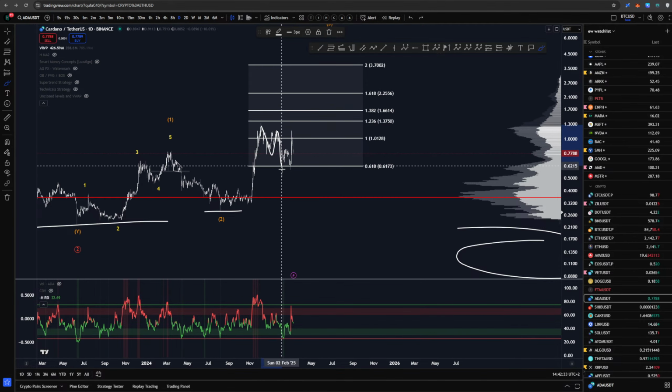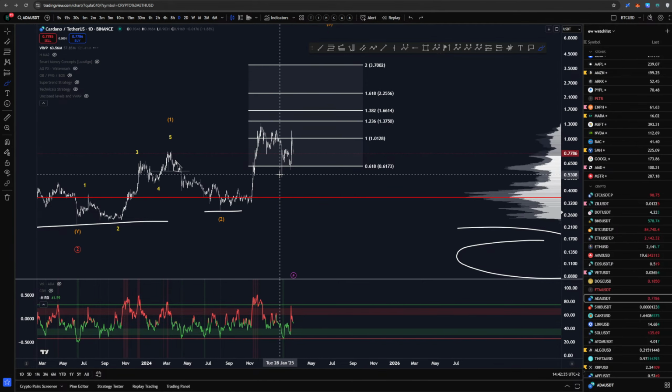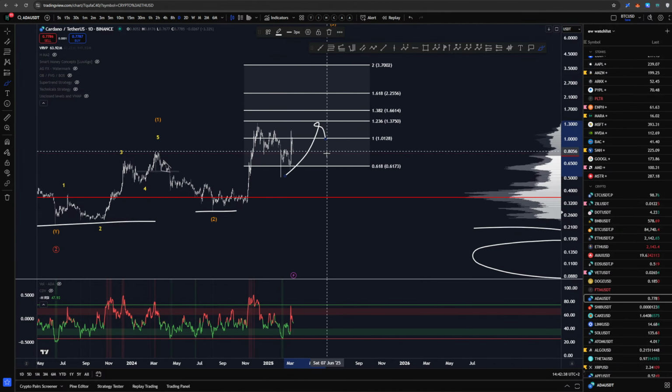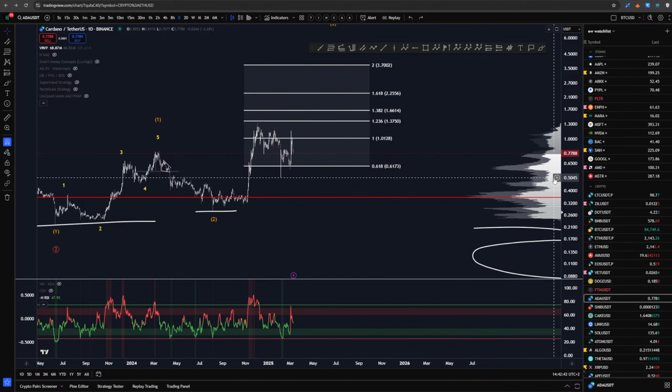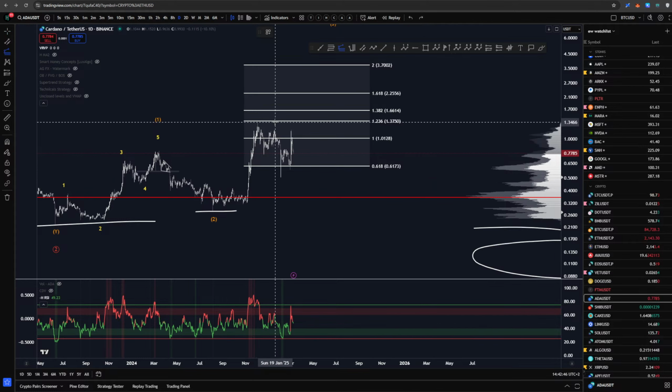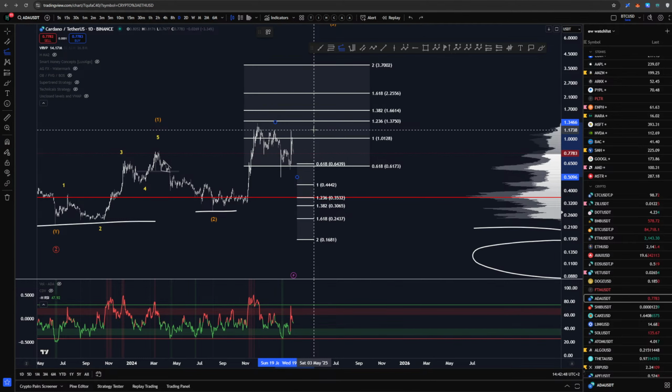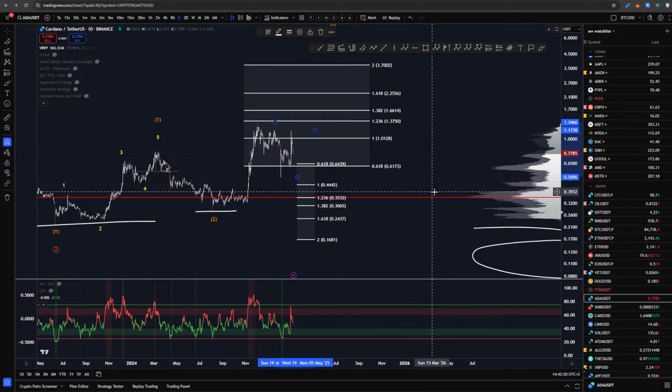However, we came down in 3, which again suggests that we are either going up or this is the start of something larger, a correction. So I would be expecting us to break this low here, the 0.5 ADA. And at that point again, 1-to-1, 1.236 accumulation for me would be starting at 0.4, somewhere in here.